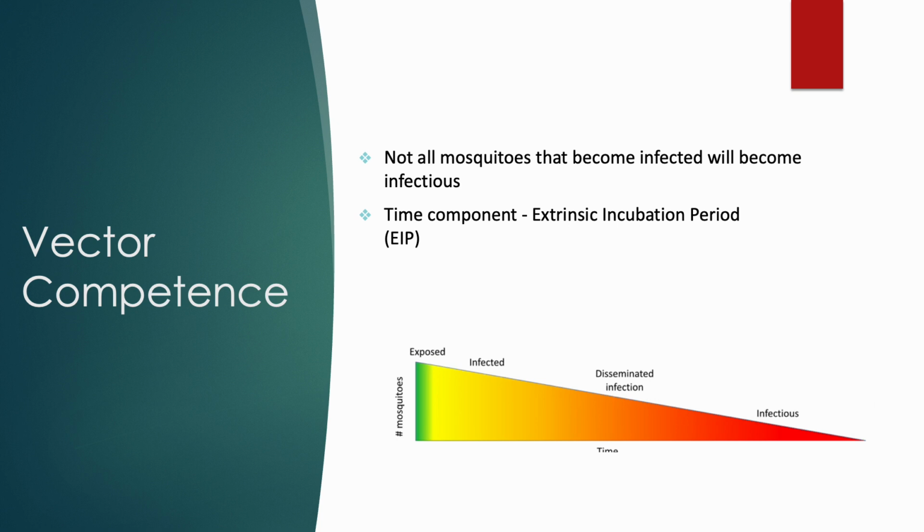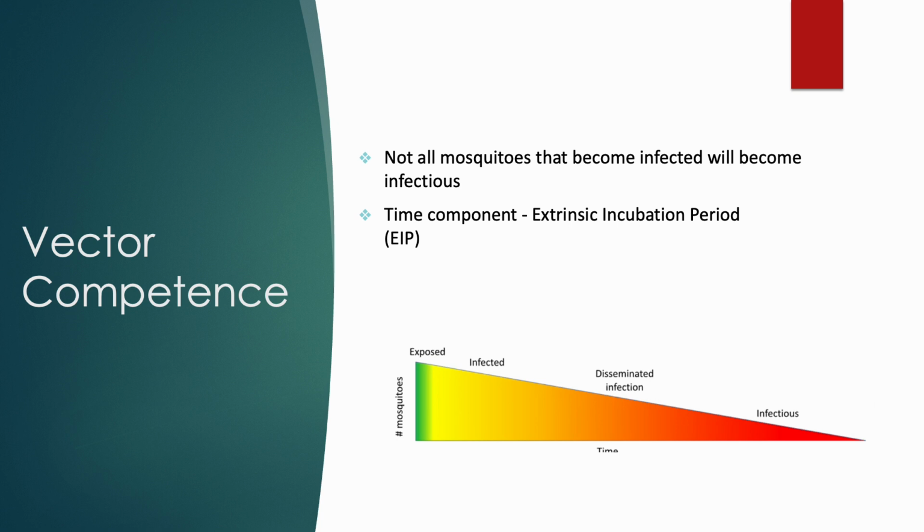If you increase the temperature, it is known to shorten the extrinsic incubation period. Like I said, it depends on the specific vector and virus involved. A typical extrinsic incubation period is around 10 to 14 days for a bunyavirus or flavivirus, and 6 to 7 days for an alphavirus.